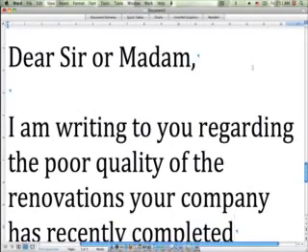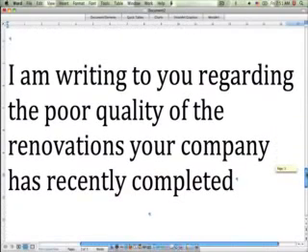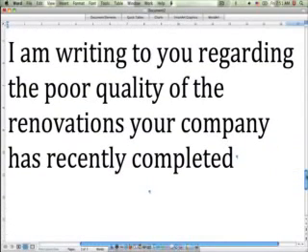And now I'm just going to include a little bit more. I'm going to put in a few more details to make the letter seem a little bit more realistic, and just to demonstrate to my IELTS examiner that I am capable of using these details in an attractive fashion.